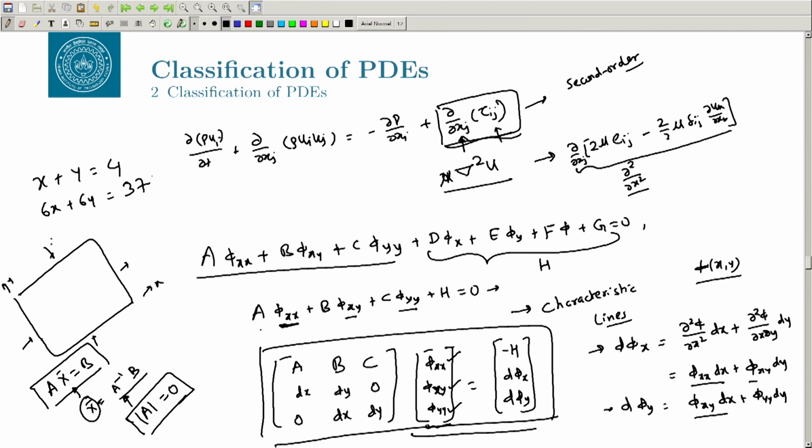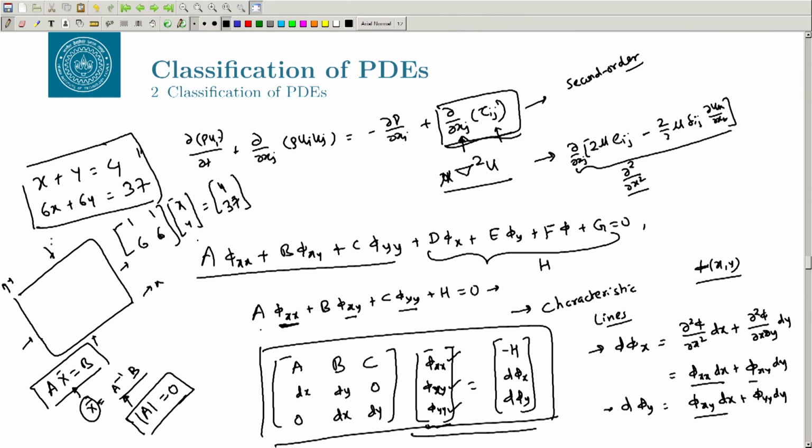If you try to solve this problem, you will not get a unique solution. In fact, you will not get a solution, because if you write this in matrix form, this is 1 1, 6 6, times x y, equal to 4, 37. And if you take the determinant of this matrix, it becomes 0.